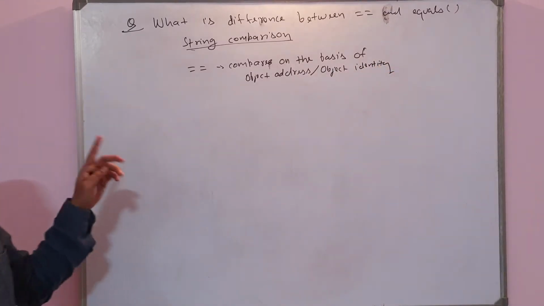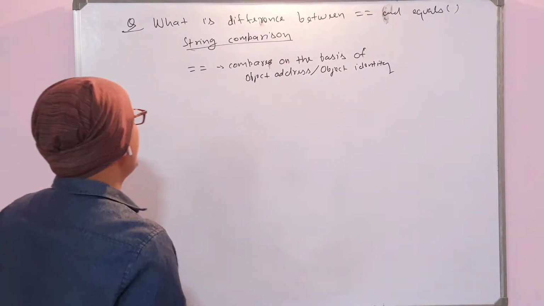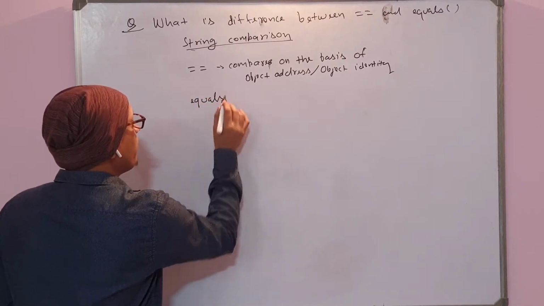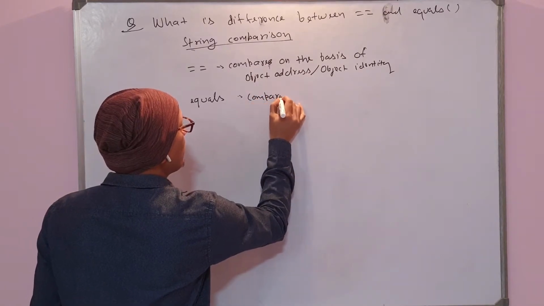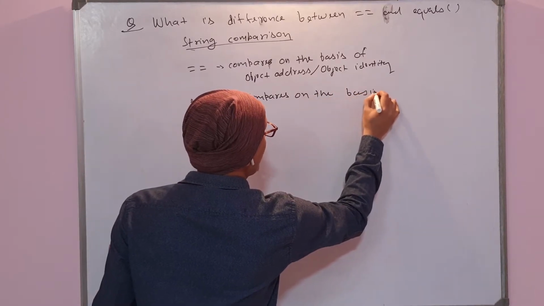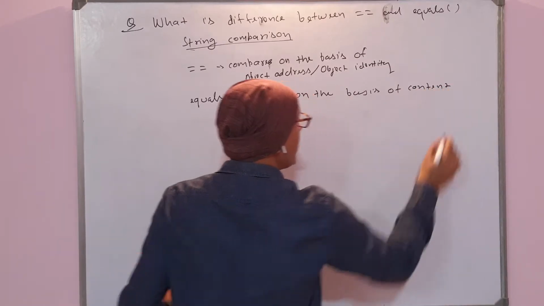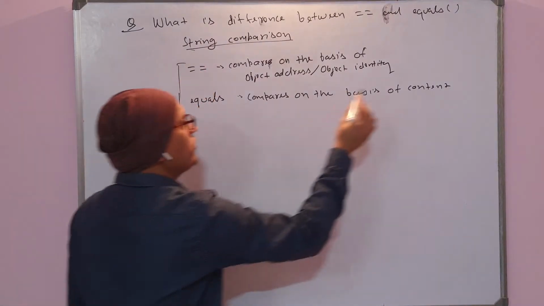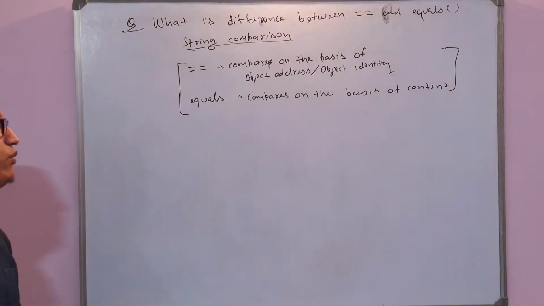So double equal compares on the basis of object address, or object identity, while equals compares on the basis of content. Okay, so let's discuss both of them one by one.